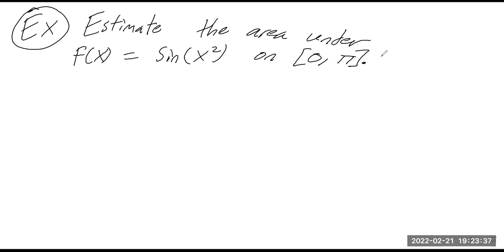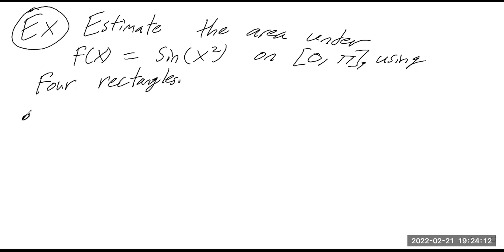Using 4 rectangles. With a problem like this, if you can do 4 rectangles, you can do 10. You can do 8. You can do 100. It would take a lot more time to do 100, but you could do 100. So if you get this problem down, then you are more than set for approximating areas.